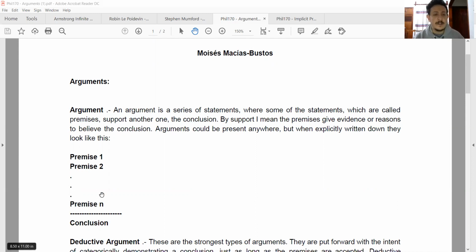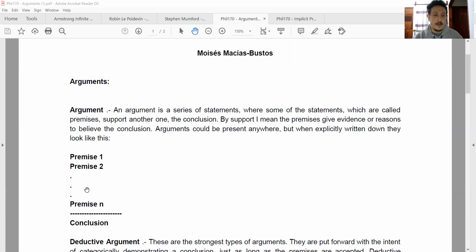But when you see arguments in papers, textbooks, newspapers, you usually find them very informally laid out. Here we're going to focus on how to build and understand explicit arguments. So explicit arguments put all of the premises down, they number all of the premises, and then they make the conclusion of the argument explicit, like this.